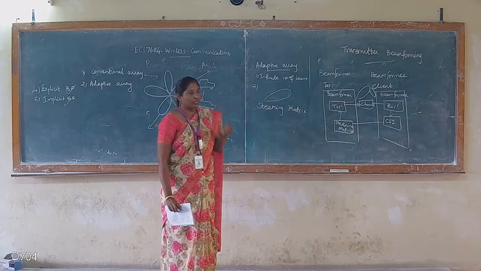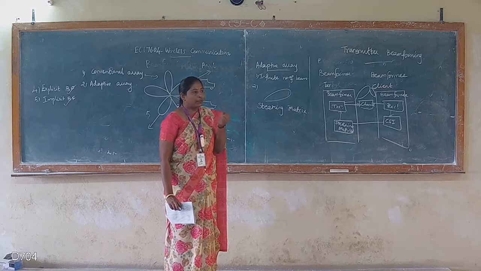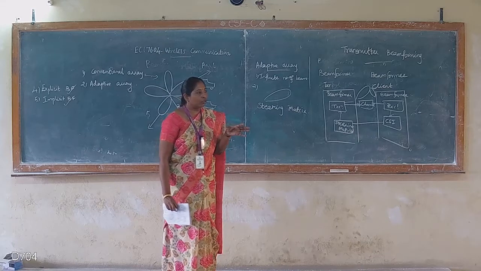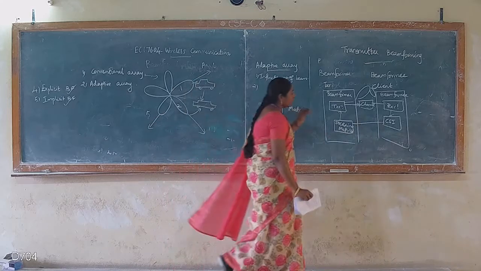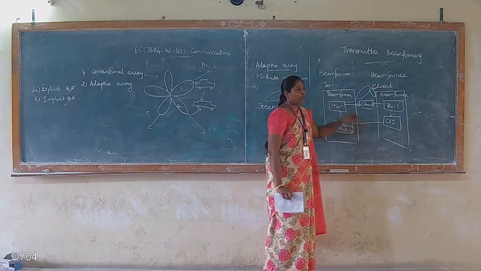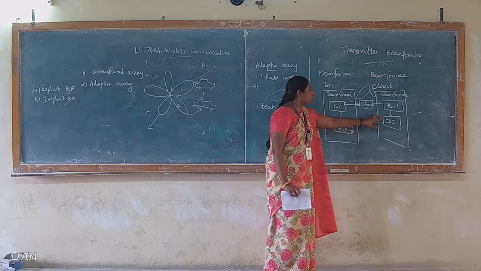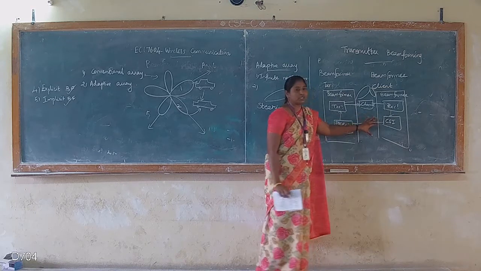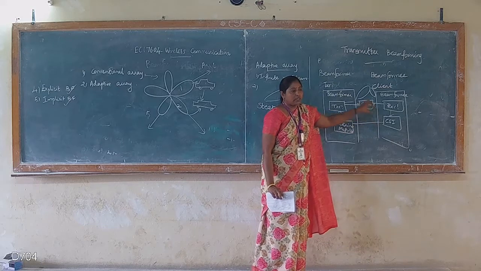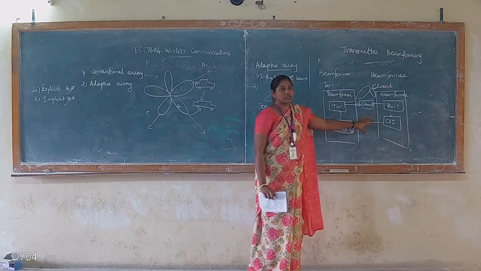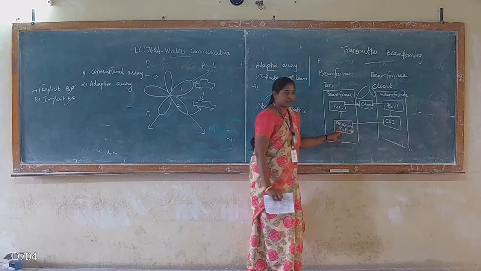So what about the sounding packet? The sounding packet doesn't give the full CSI, channel state information. It doesn't have any data. Some partial information about the channel is available in the sounding packet. After receiving the training sequence, that partial information about the channel is passed to the transmitter.